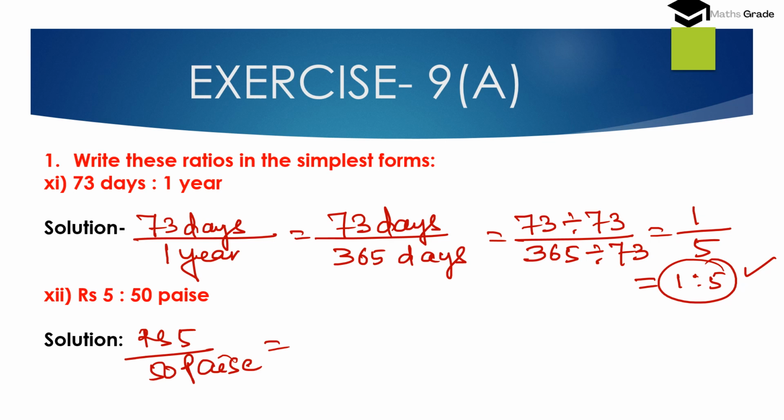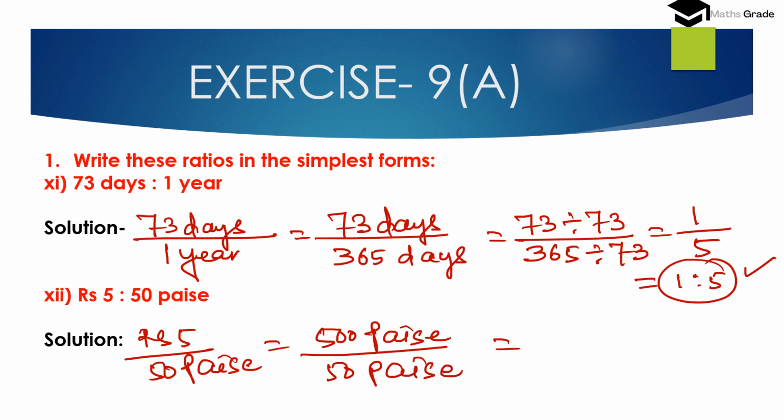So first convert the antecedent rupees into paisa so that both will be the equal unit. We know 1 rupee is 100 paisa, so 5 rupees will be 500 paisa. 500 paisa divided by 50 paisa.